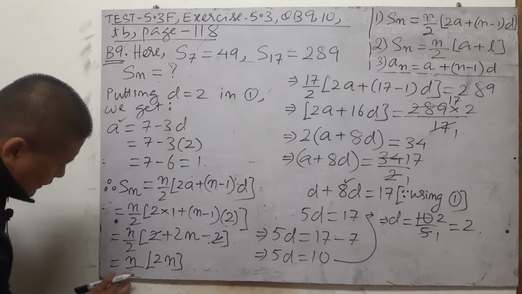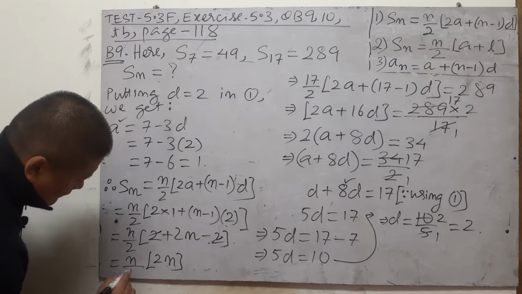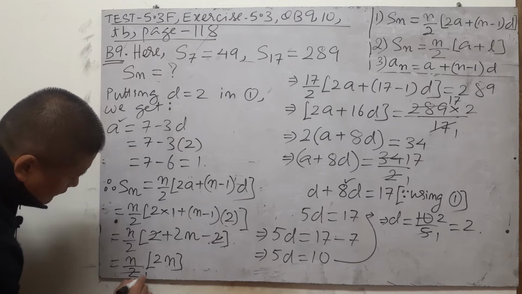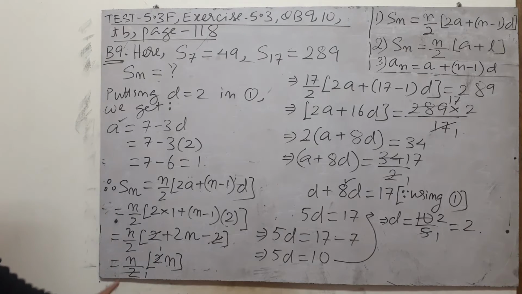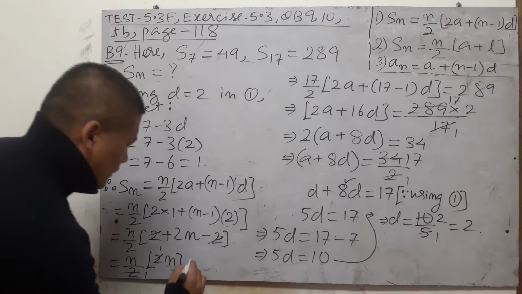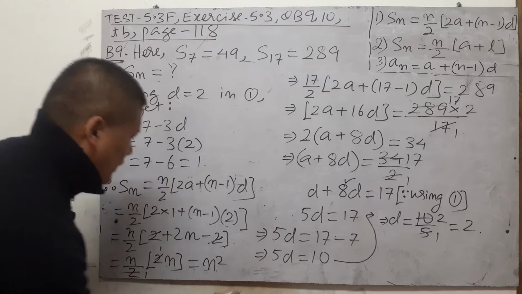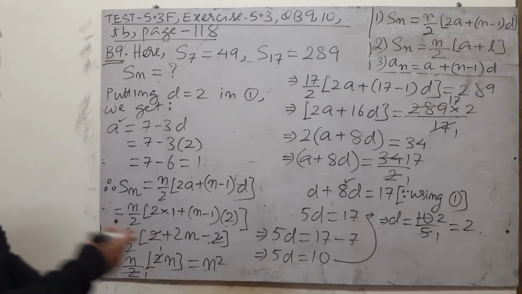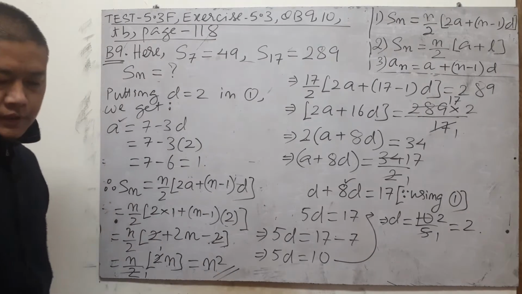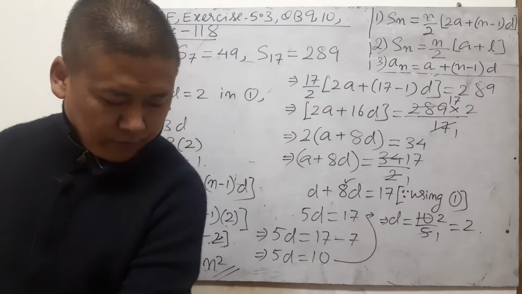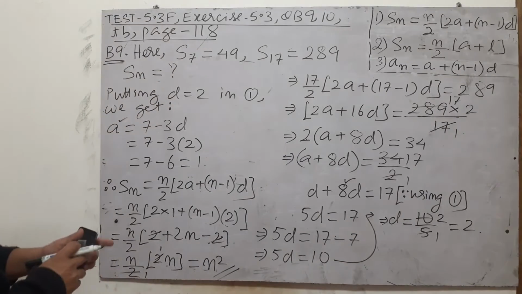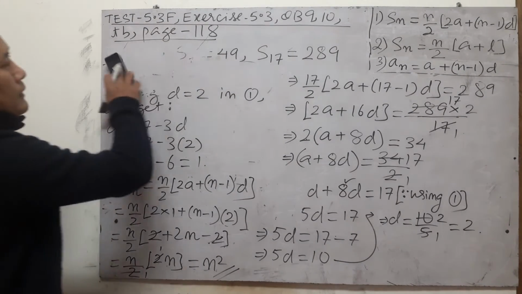So that way we can easily, 2 ones are 2, 2 ones are 2. So you're left with n into n equal to n square. Right, so the value for the sum of n terms is n square. Same as the textbook answer, yes. That's our answer. Now B10.